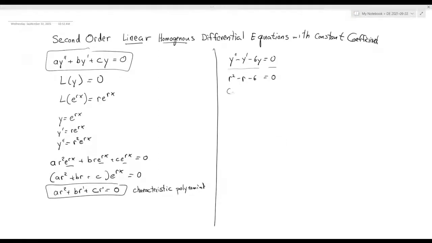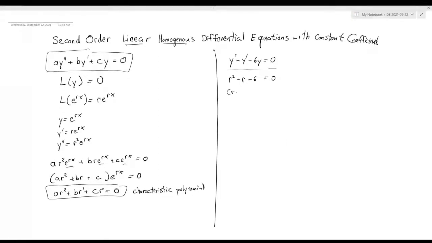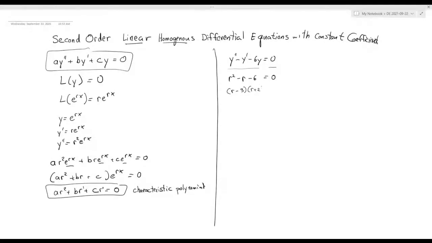We can use the quadratic formula, or in this case I believe we can factor. So we see that r has to be either 3 or -2. So what is y1 and y2 then, or what's the fundamental solution set here?